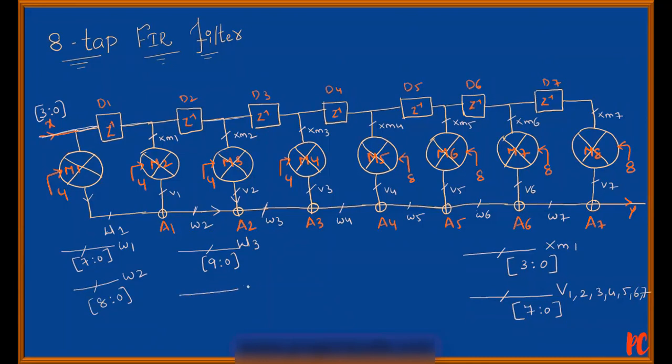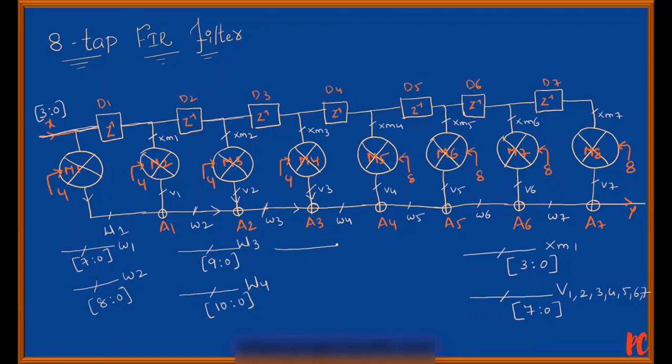Similarly, what happens with respect to W4? As usual, one input comes from W3, which is 10 bit, and the other from V3, which is 8 bit. Obviously, W4 will be 11 bit, which is 10 down to 0.